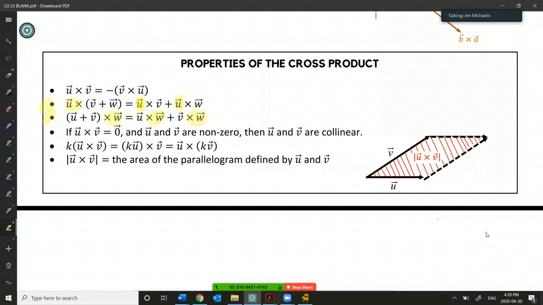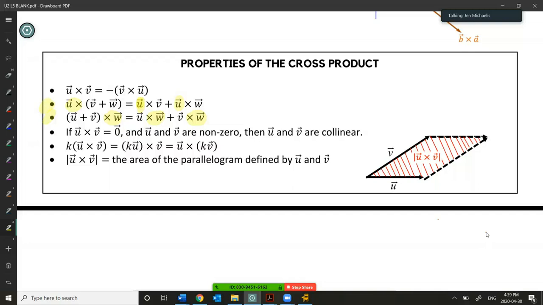A couple other properties are that if u and v are two non-zero vectors and we cross them and get the zero vector, this means that they are collinear. In other words, they are parallel vectors and they lie on the same line, and they're scalar multiples of one another.